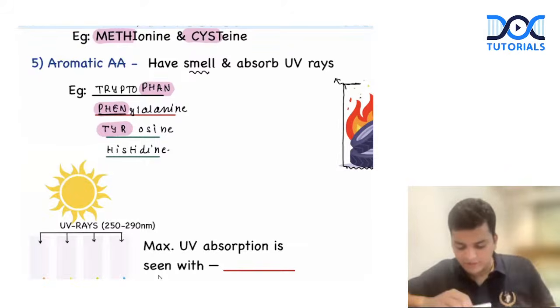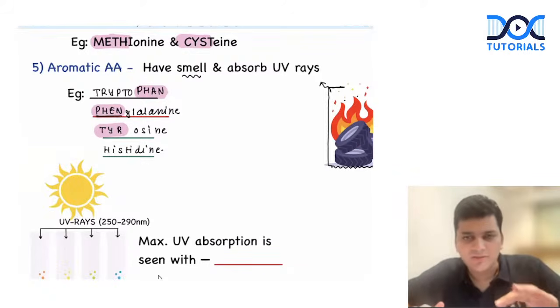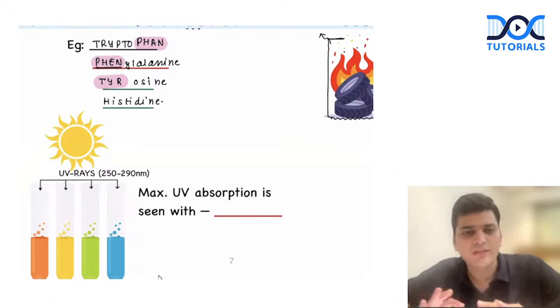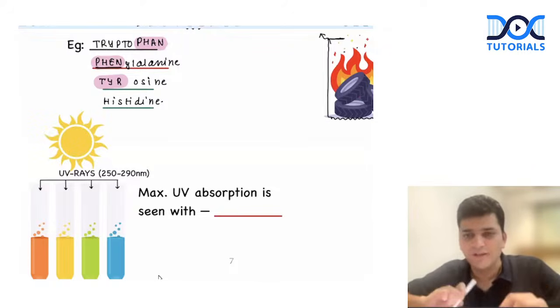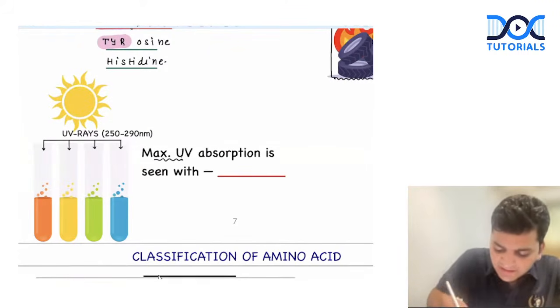And these aromatic amino acids have one more property. They absorb UV rays very nicely. If you put them in sunlight, they are going to absorb the UV rays. The wavelength of the UV rays is 250 to 290 nanometers, and they absorb it very nicely, particularly tryptophan. And this has been asked in your exam: the maximum UV absorption is seen with which amino acid?